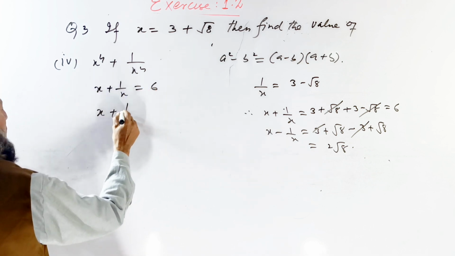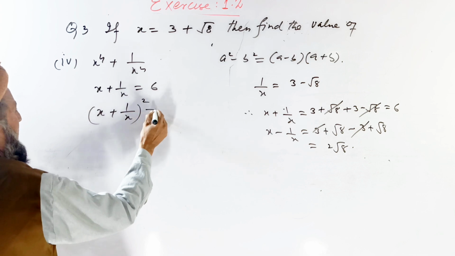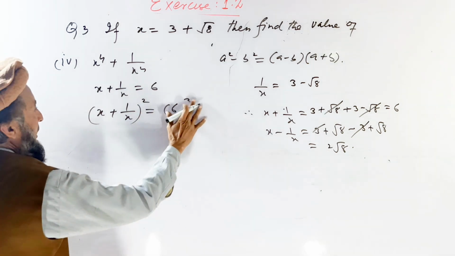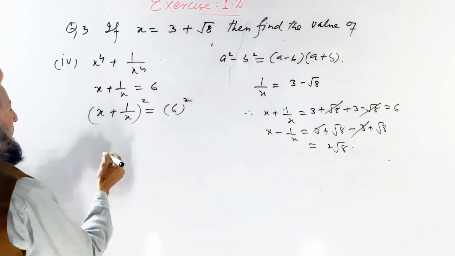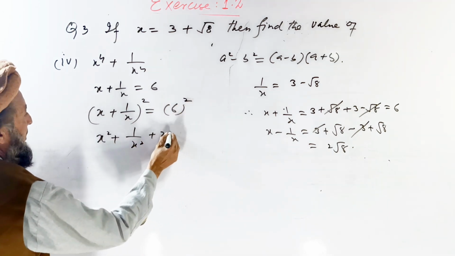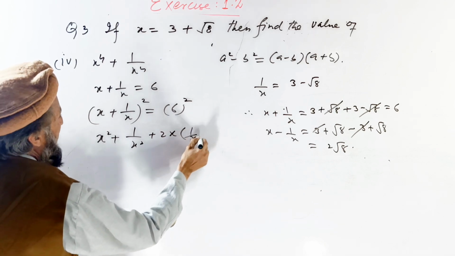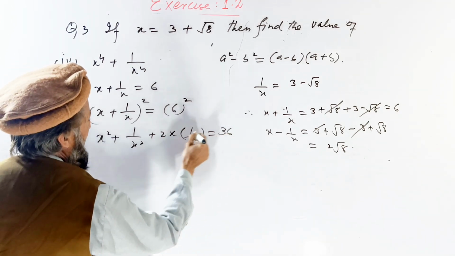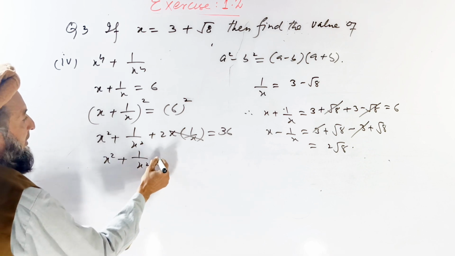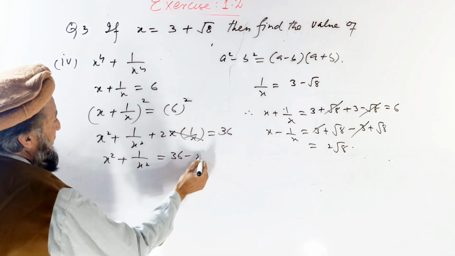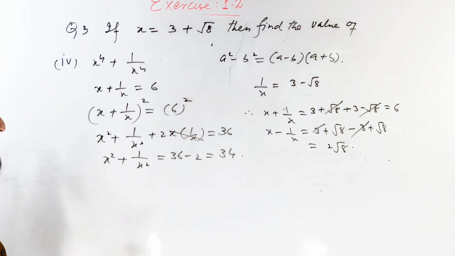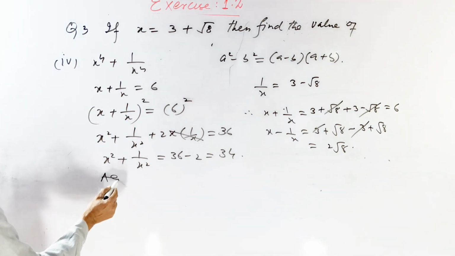Now taking square on both sides of this equation, as we have already done in the first part, according to the formula a square plus b square plus 2ab is equal to 36. This is cancelled. We get x square plus 1 over x square is equal to 36 minus 2. We get 34.